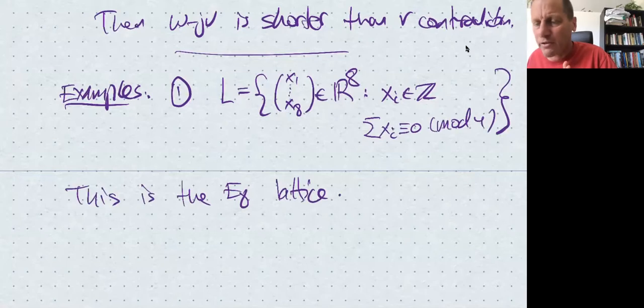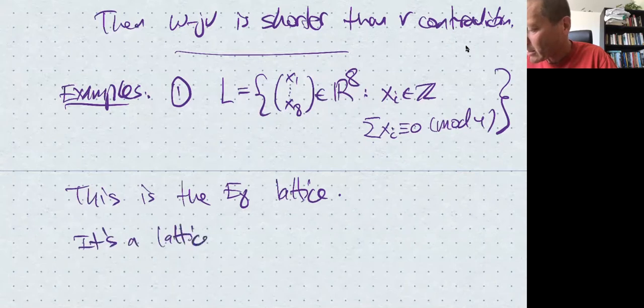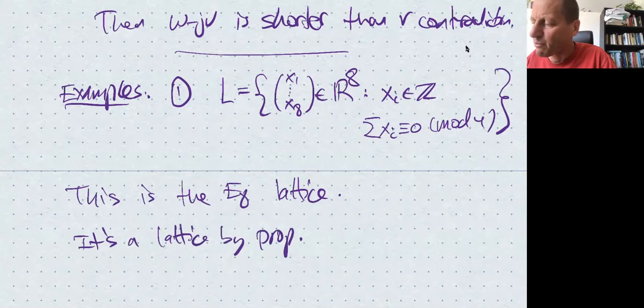But why is it a lattice, first of all? I'm claiming that this is a lattice by the proposition. We can just think about this for a moment. So by the proposition, what do I have to be sure of? I have to be sure that it, first of all, contains a basis for R8.